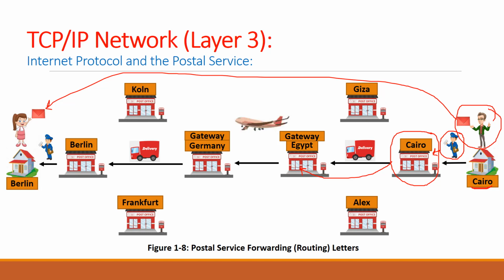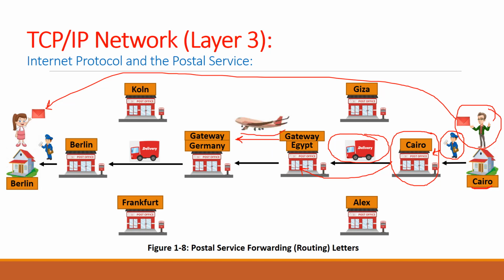By the way, the local post office will send the letter through a truck to the gateway inside Egypt, and then Egypt will decide to send it to the gateway in Germany via a plane.